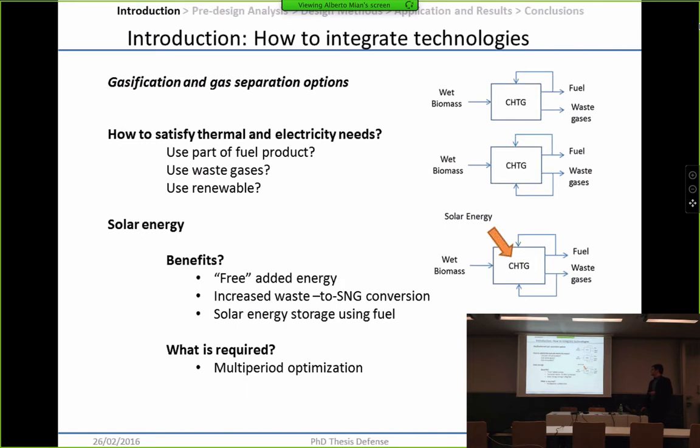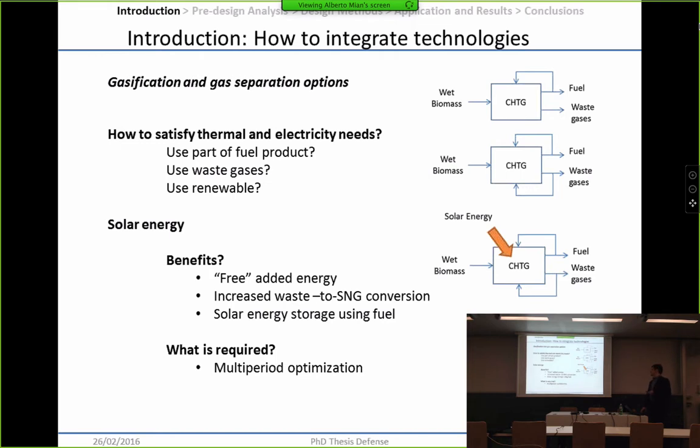What are the benefits? Benefits are that solar energy is an almost free added energy. Once we have installed our plant, the operation will cost, but the sun will be for free. The radiation is still a free source of energy. We will have an increased waste to energy conversion, and this system would represent also an option to store solar energy into fuel.